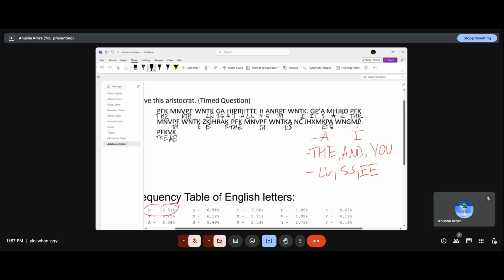This is probably going to be an A. We also have an R here, L, an A here, an S here. And what else? We have an R, L, an A here. Okay, so that's all that I can see right now.